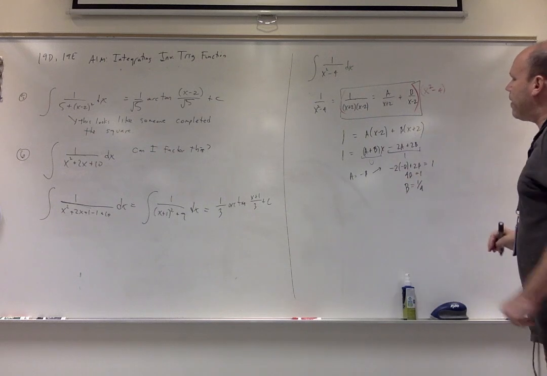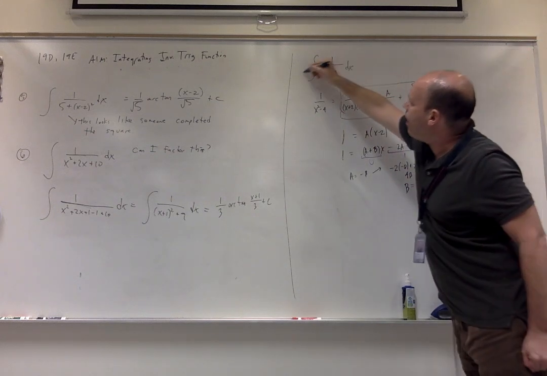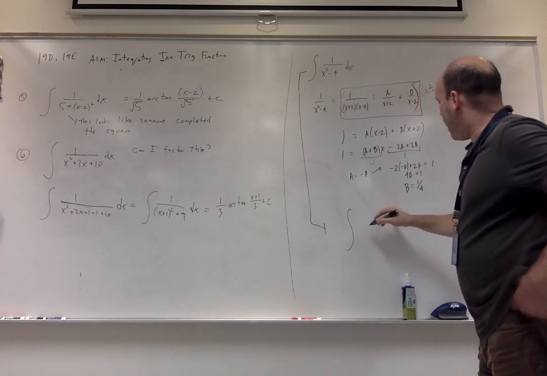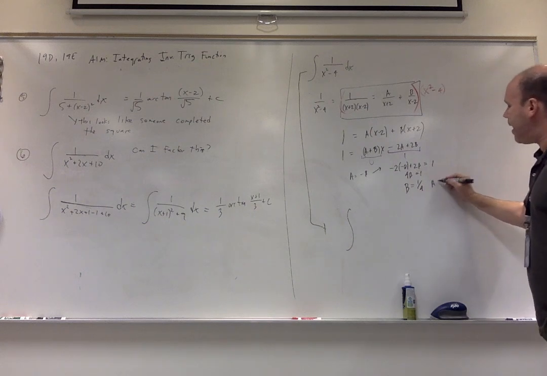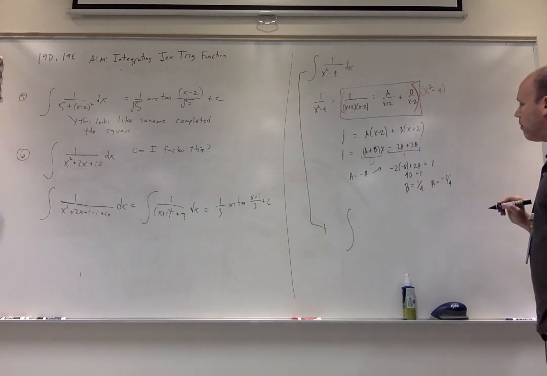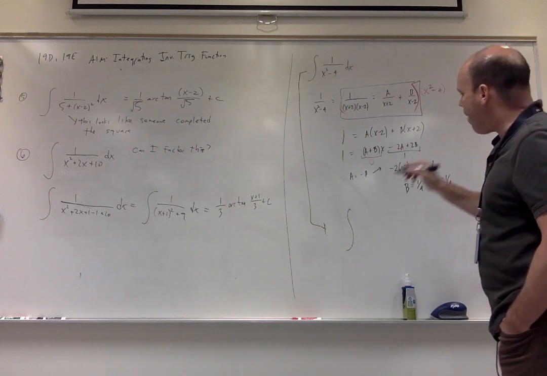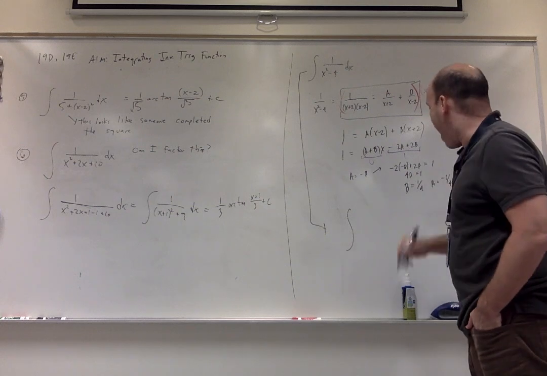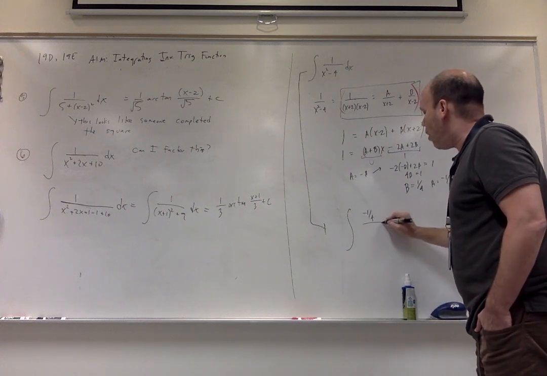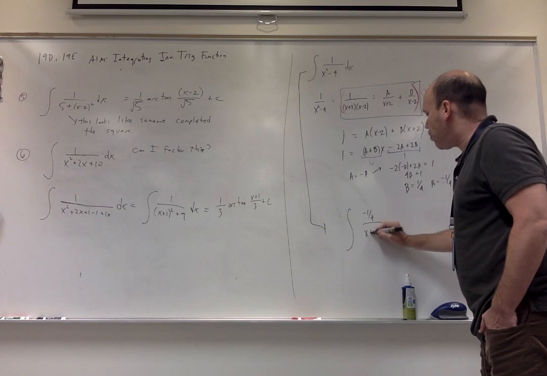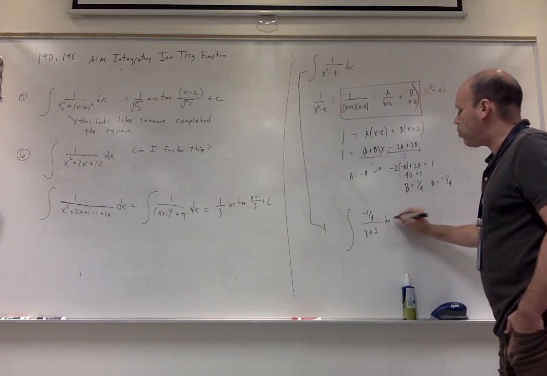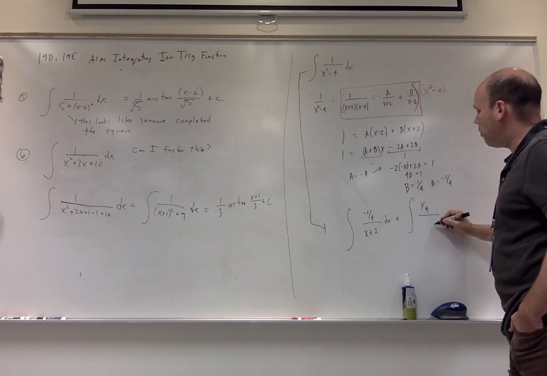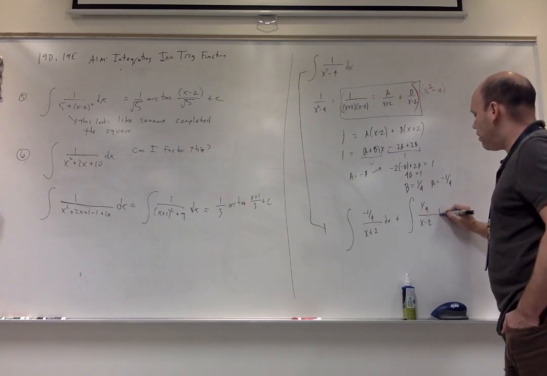Now we can rewrite this. If b is 1/4, that means a is negative 1/4. That means we can rewrite this integral of 1 over x squared minus 4 as the integral of negative 1/4 over x plus 2 dx, plus the integral of 1/4 over x minus 2 dx.